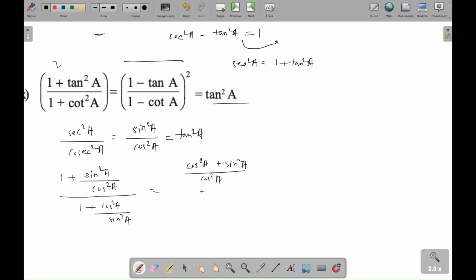Similarly, denominator will again get sin square A plus cos square A, and here you'll get sin square A. So the same thing, 1 upon cos square A upon 1 upon sin square A. So sin square A comes at the top, cos square A is in the denominator. So sin square A upon cos square A is tan square A.